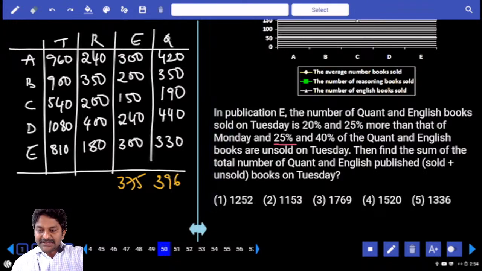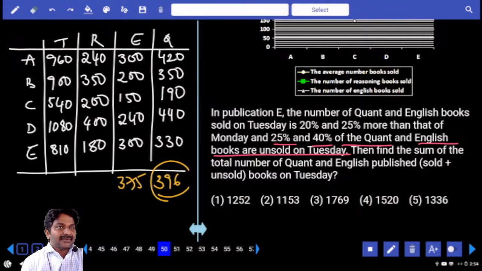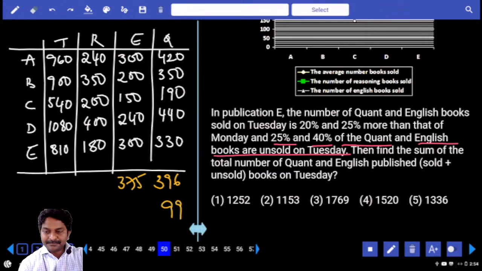And 25% and 40% of quant and English books are unsold on Tuesday. 25% of these numbers, that we can write as 4 less than 400, right? 25% in the sense 1/4. That will be 1 less than 100. So 99 are unsold.